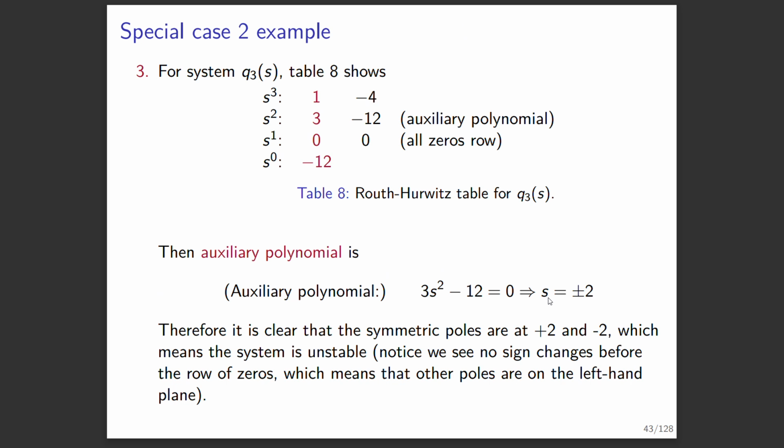Now I don't have any sign changes here, so the non-symmetric poles seem to be on the left-hand side. But look at my symmetric poles. They are not on the imaginary axis anymore. My symmetric poles are at negative and positive 2. So one of them happens to be on the right-hand side, and one of the symmetric poles is unstable now.